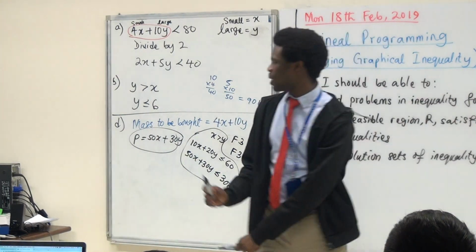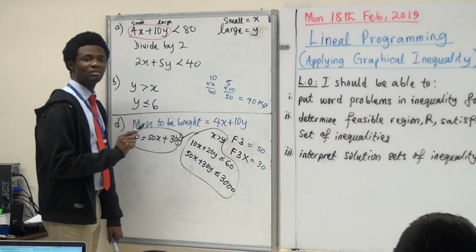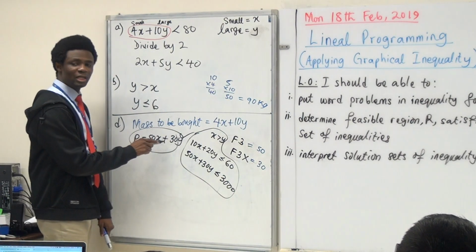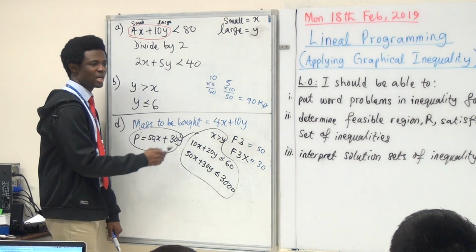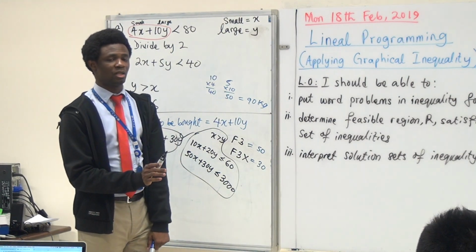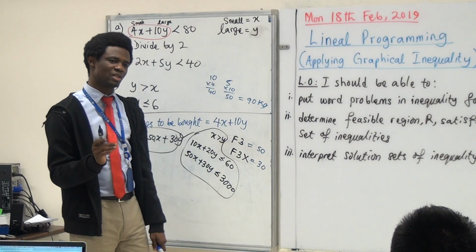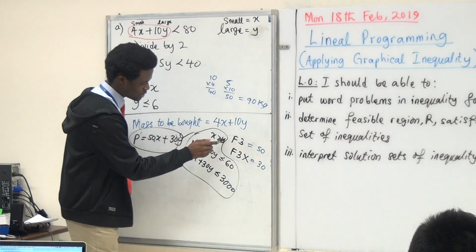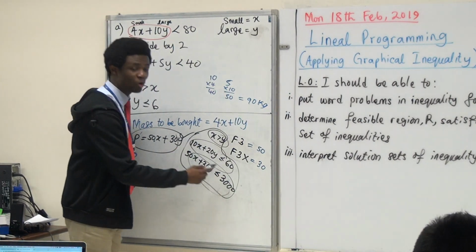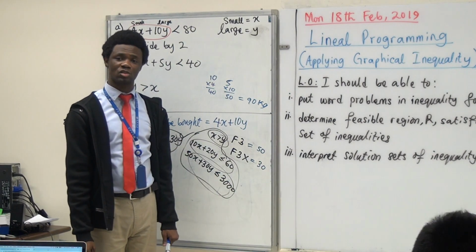Once you get this, then you come back to your profit. Because this can tell you the value of x and y that will give you this greatest profit. The reason is this. Everybody please listen. Any x and y you must use must satisfy all these inequalities. Those are the things we call the constraints.